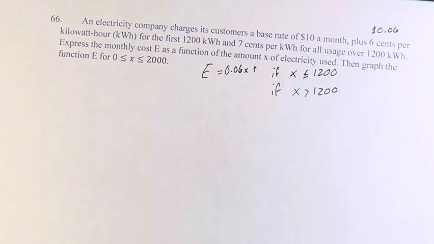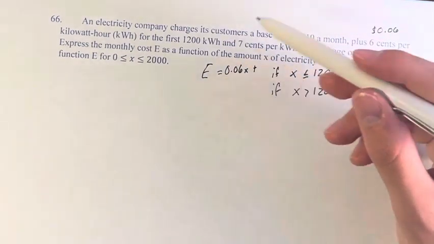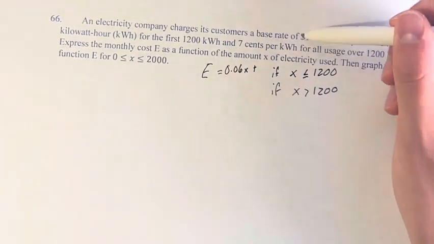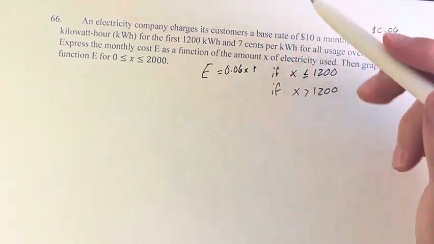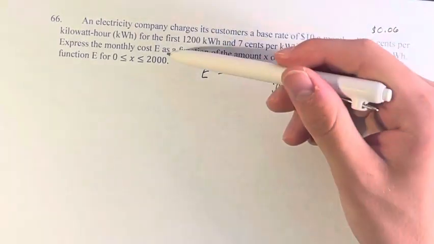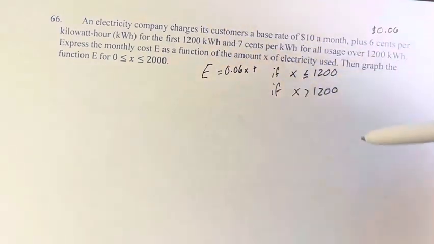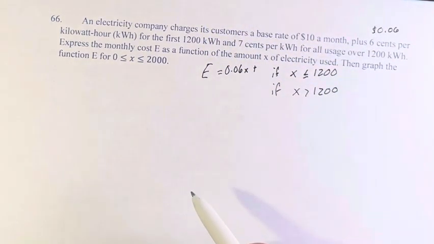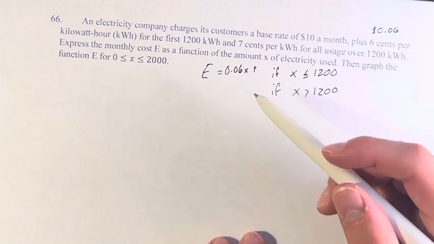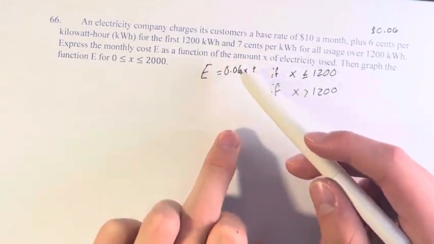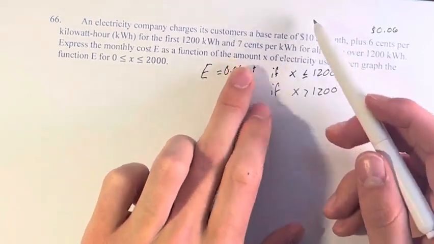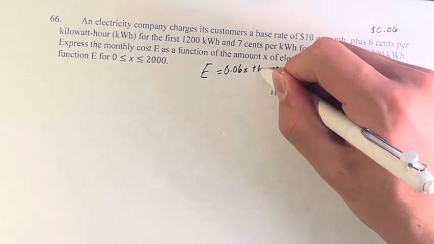Well, the y-intercept is just 10. The amount you're paying for the kilowatt hours is 0. So if you had 0 hours, this disappears because it's 0.06 times 0, and then you're just paying the base rate of 10.